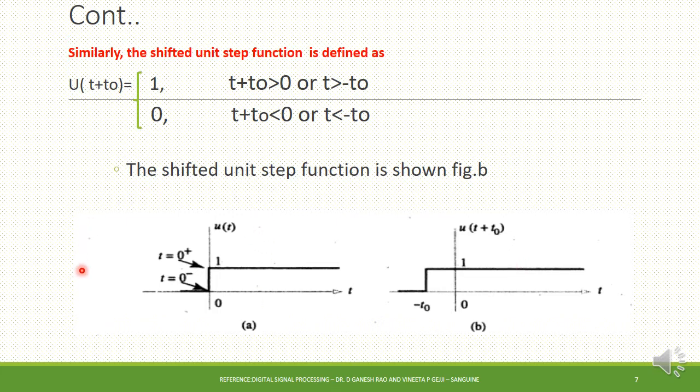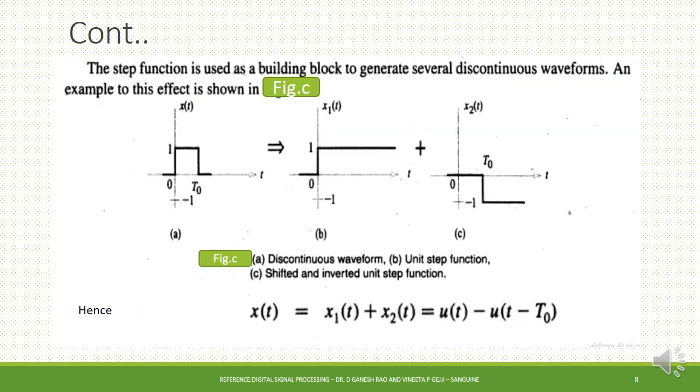This is our simple unit step function. Next, here is an example for the unit step function. The step function is used as a building block to generate several discontinuous waveforms. An example of this effect is shown in the figure.